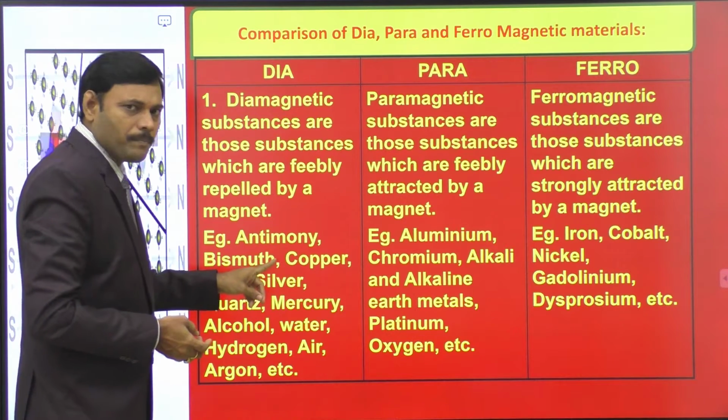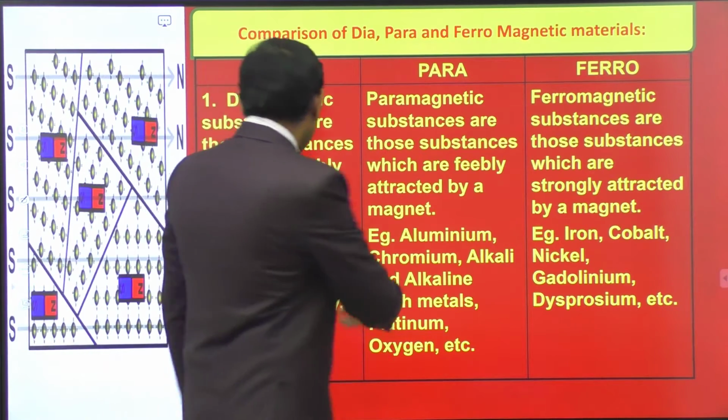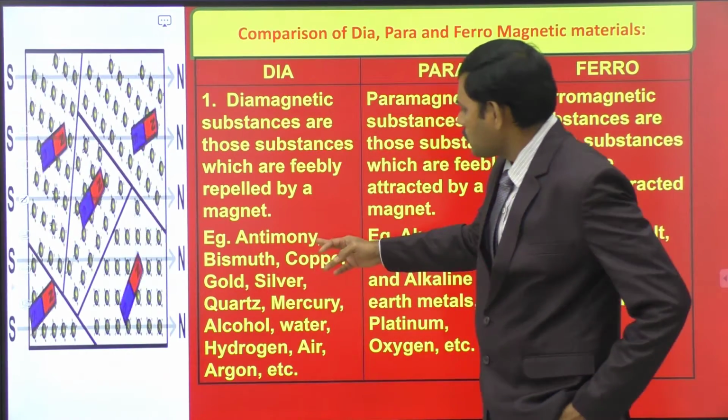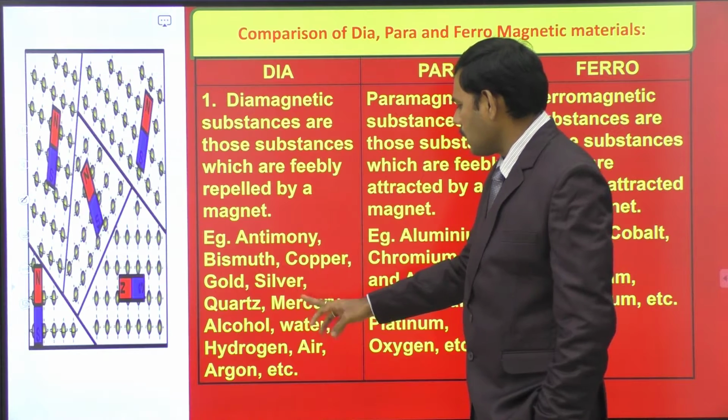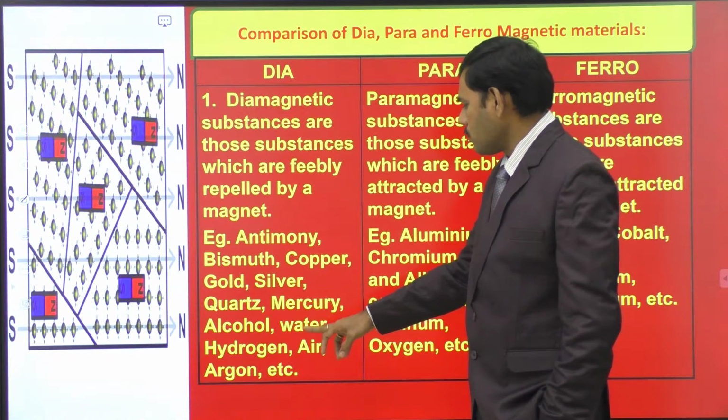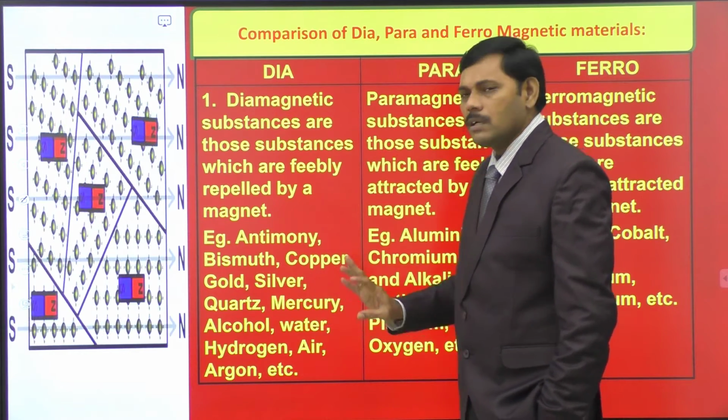Examples: antimony, bismuth, copper, gold, silver, quartz, mercury, alcohol, water, hydrogen, air, argon, etc.